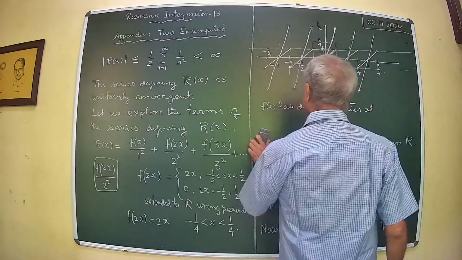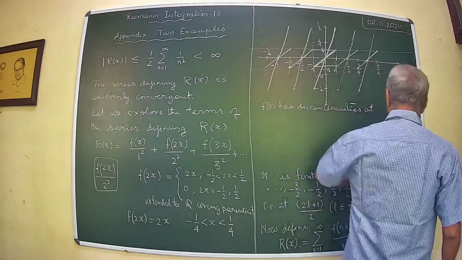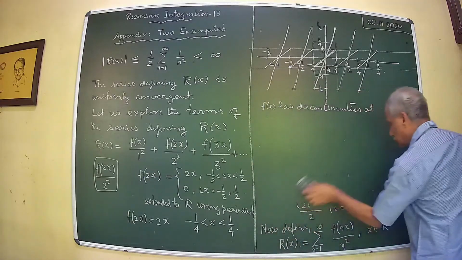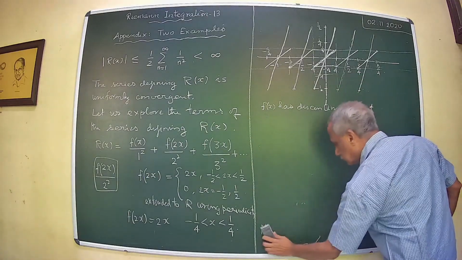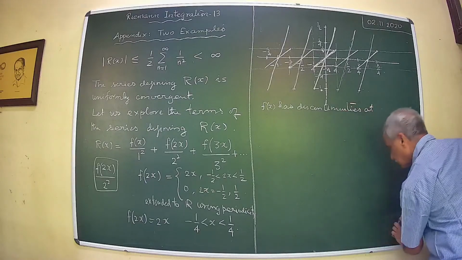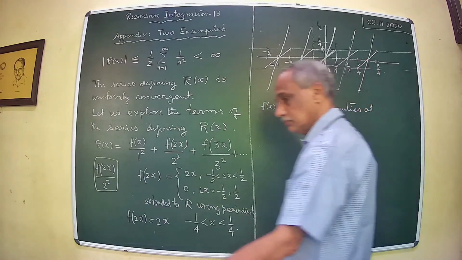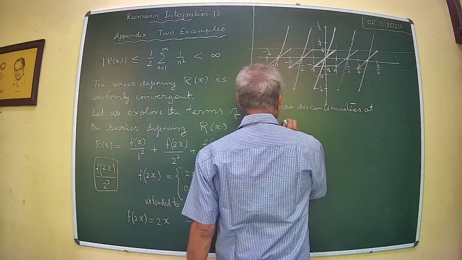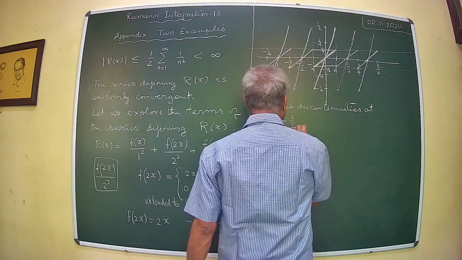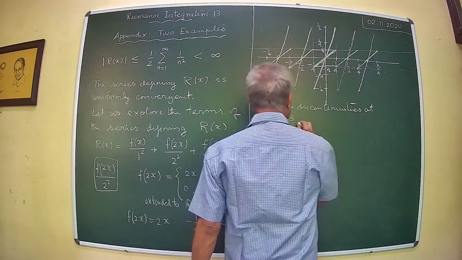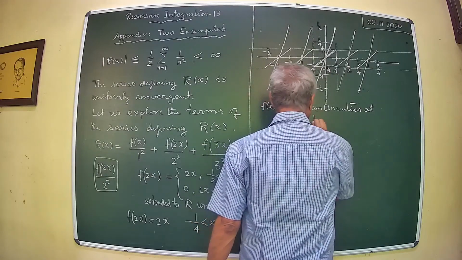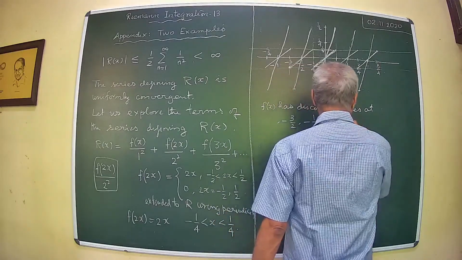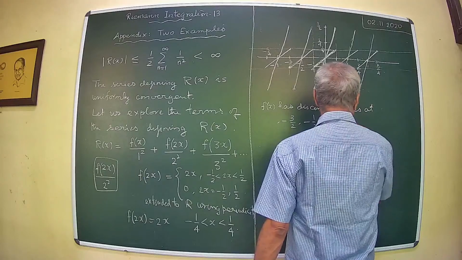What are the points where it is discontinuous? It is discontinuous at minus 3 by 2, minus 1 by 2, 1 by 2, 3 by 2.